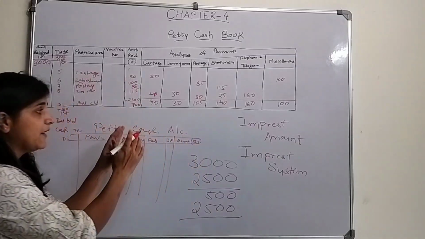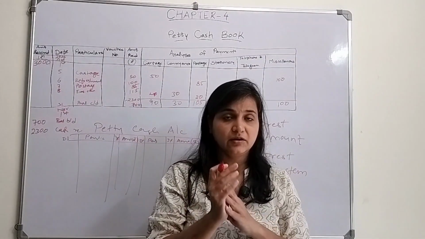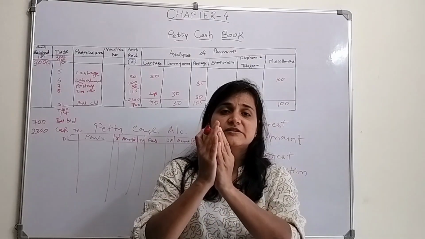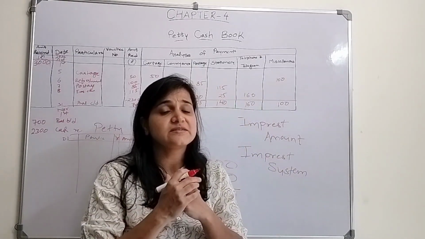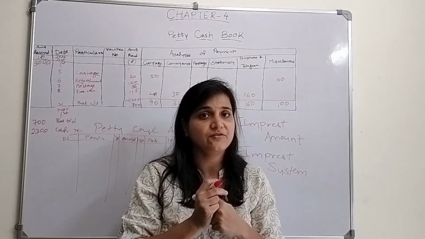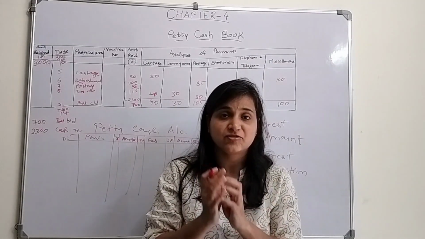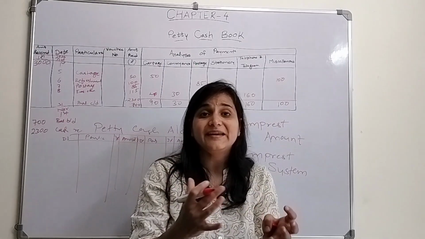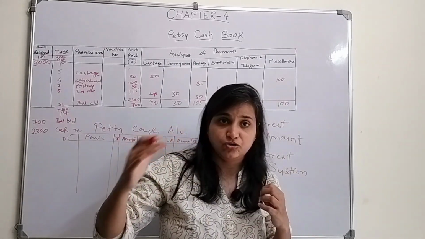Now in this petty cash account, what will be the first entry? The first entry is cash is received. When cash is received, what entry do we pass? Petty cash amount is received, so petty cash account is debited. And cash is going out to where?